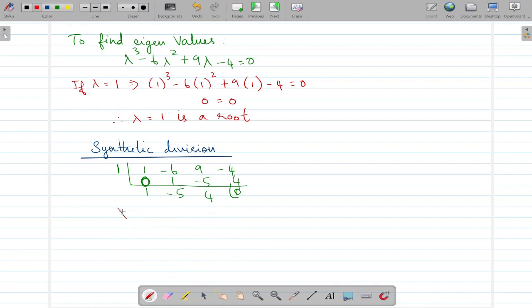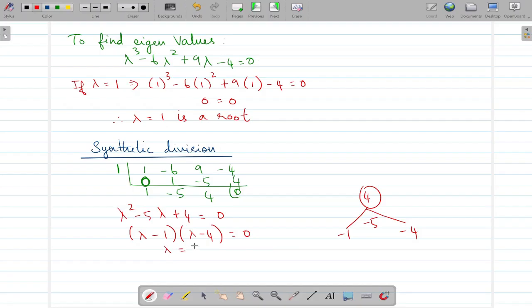So from this I can write lambda squared minus 5 lambda plus 4 equals 0. By factorizing this equation, I get (lambda minus 1)(lambda minus 4) equals 0, so lambda equals 1 and lambda equals 4.